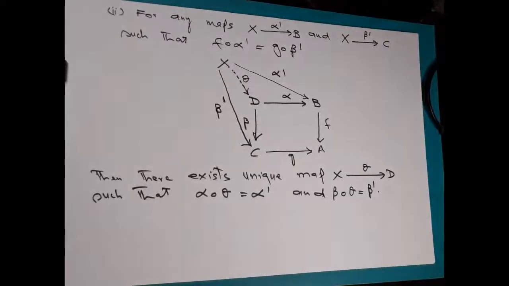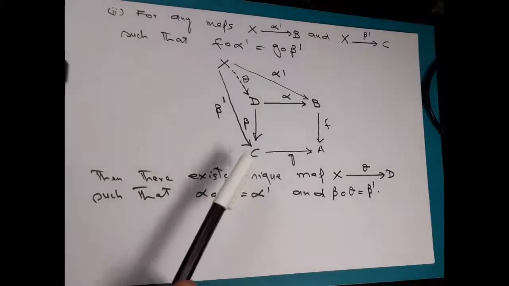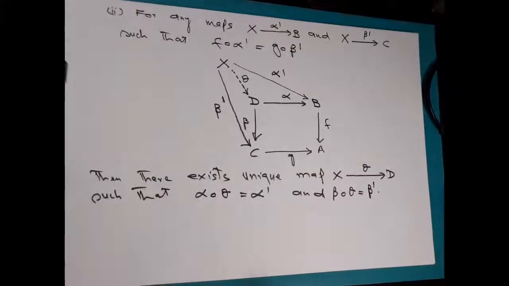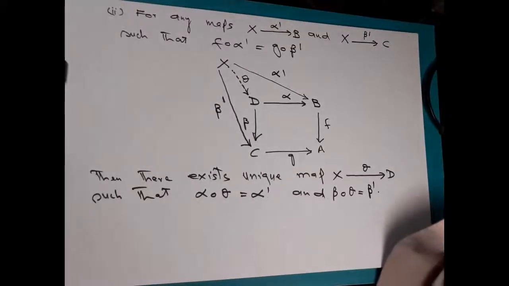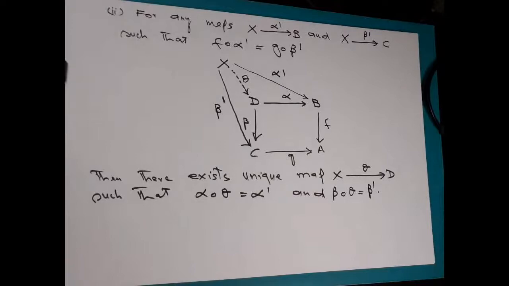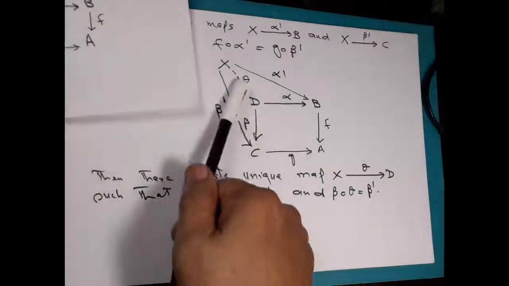So we have written the same definition of pullback which we have already discussed. We have simply changed the locations of objects A, B, C, and D, and what is important, that is this universal arrow theta.